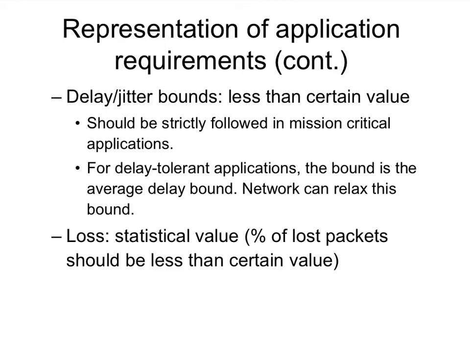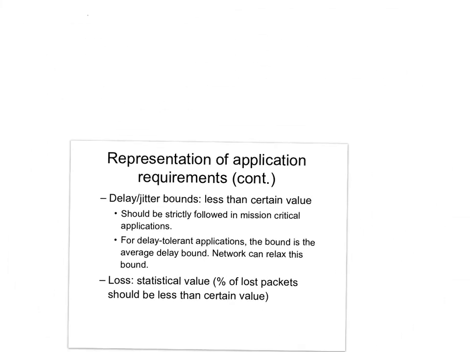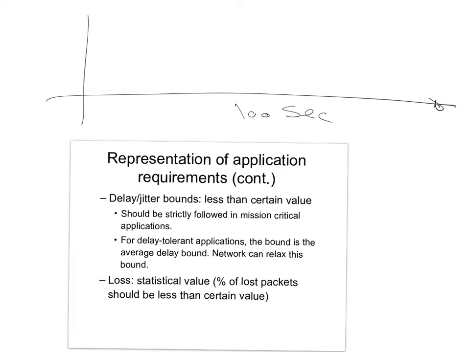The higher the percentage of time I have a high value of packet drop, then in that case I'm violating. Let's say this is the time, and we have 100 seconds.